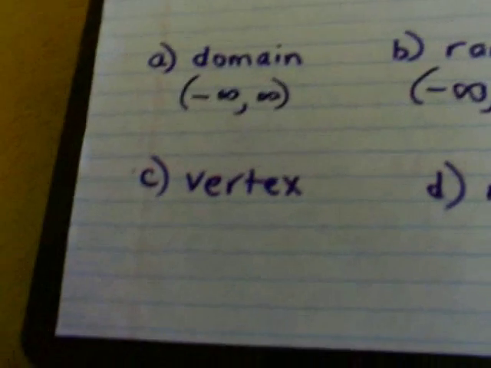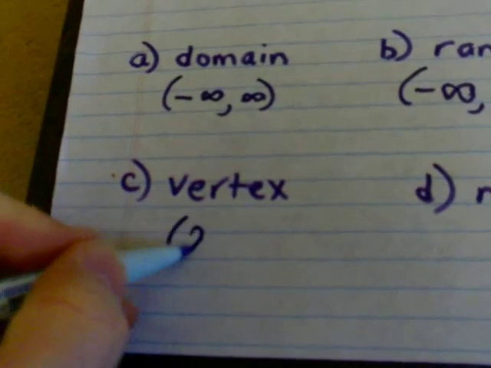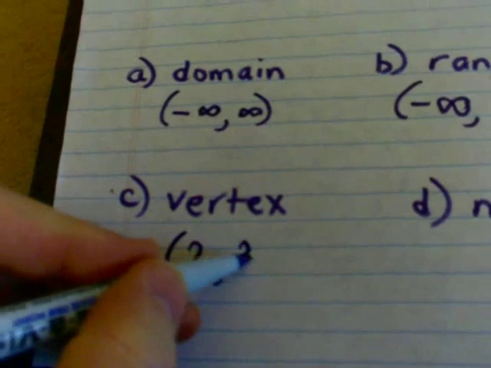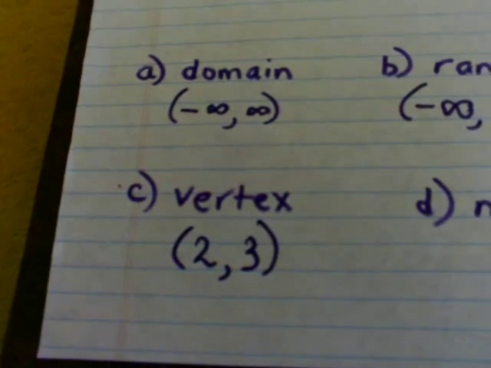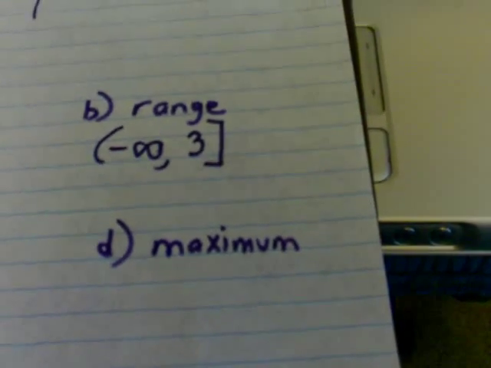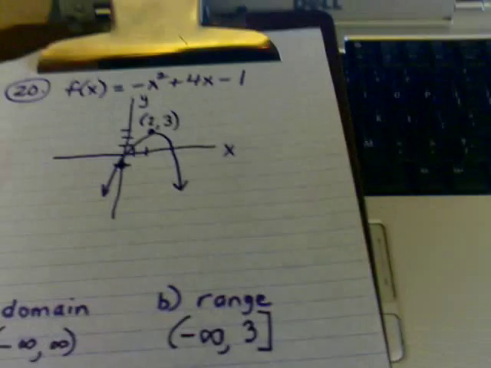The vertex of the parabola is another name for turning point. In this case, that's the highest point on the graph. So the vertex is the ordered pair 2, 3. The maximum value of a parabola: the only type of parabolas that have maximums are parabolas that open down.